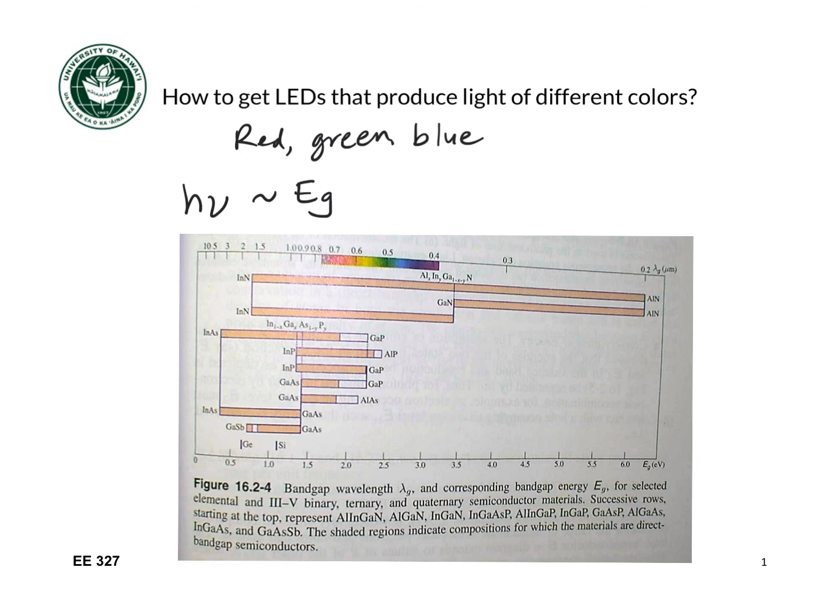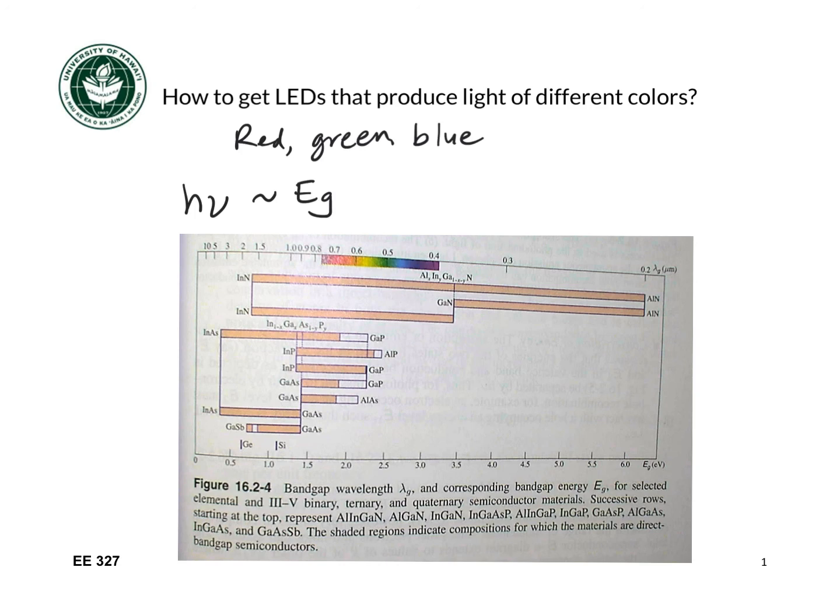So the engineer that figured out how to do this, Shuji Nakamura, won the Nobel Prize for being able to make gallium nitride based semiconductors. This was the Nobel Prize in 2014.